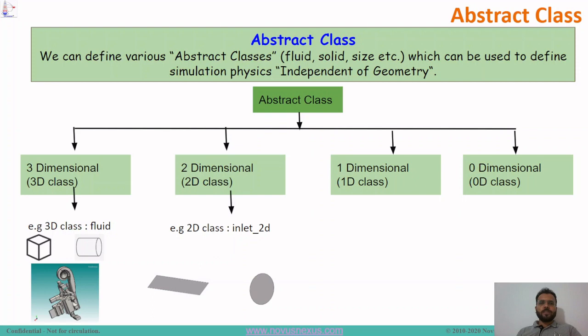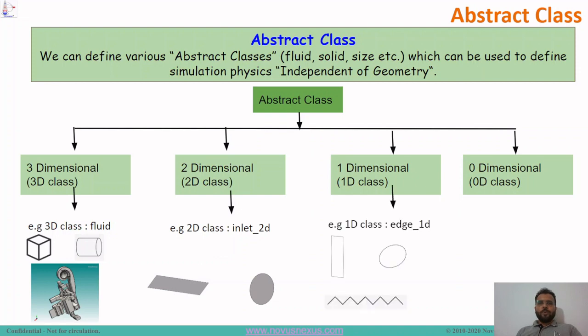Similarly, when I say inlet 2D, then it represents a two-dimensional entity, and that entity can be anything, like the inlet of a pipe, or the inlet of an HVAC system, or the inlet of a tube, or let's say the inlet of an evaporator or the inlet of a heater. That depends on which geometry you use with this abstract class.